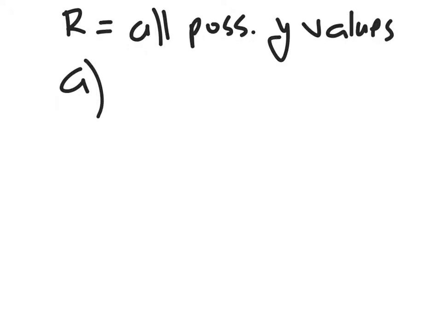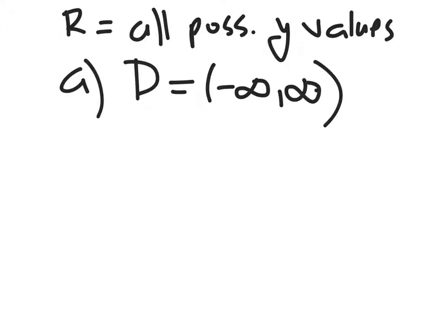You can put any number you want there and it will give you an output, right? So that means that the domain is all real numbers from minus infinity to infinity. Okay? So we say minus infinity that I've written first tells you where it starts, the infinity tells you where it stops, and the round brackets, I'll explain that in a little bit.